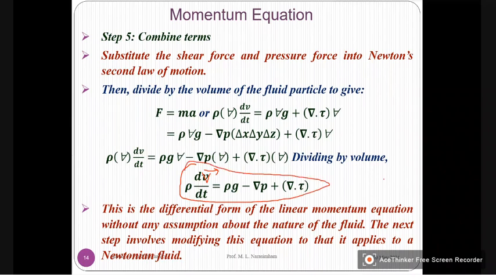In fact, this is not one equation. This is a set of three equations, one in x direction, one in y direction, one in z direction. When we write x direction, here we will get u. And here we will get 0 because x direction is this, and maybe y direction is this, and this is z direction.